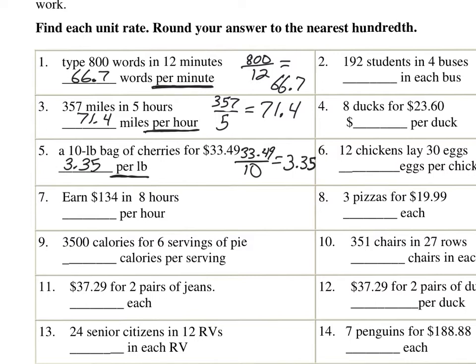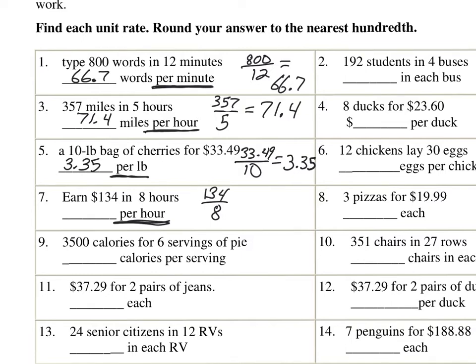And you're back. Number 7, earn $134 in 8 hours. How much do you earn per hour? So the hours again goes in the denominator. The 134 goes in the numerator.